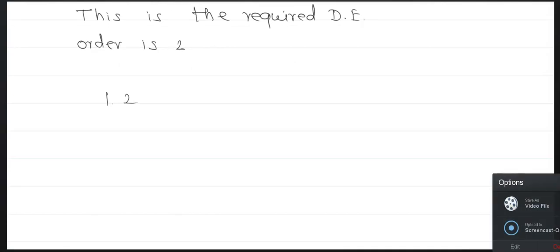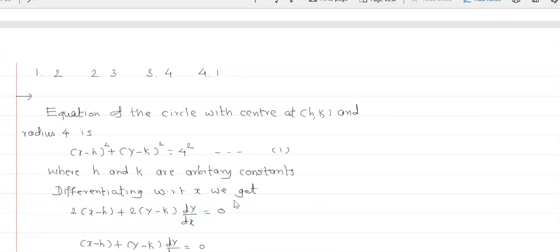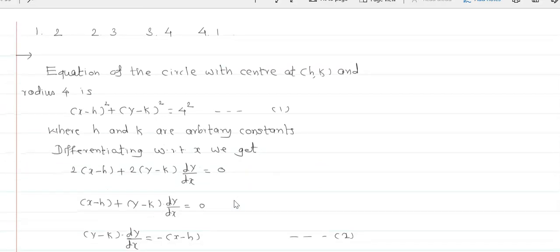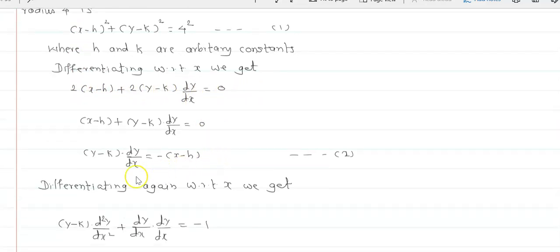Now again, you can see this answer. Equation of the circle with center (h, k) and radius 4: (x minus h) whole square plus (y minus k) whole square is equal to 4 square. Differentiating with respect to x: 2 (x minus h) plus 2 (y minus k) into dy by dx is equal to 0.